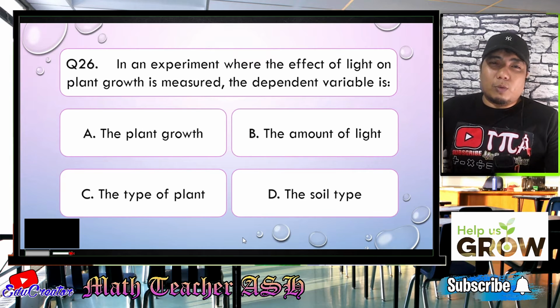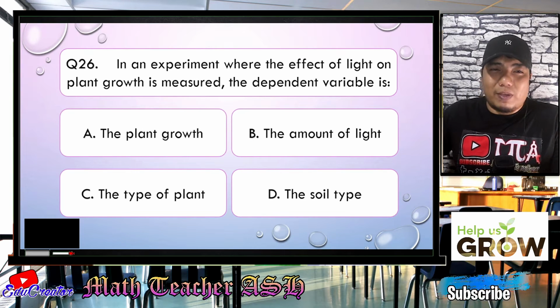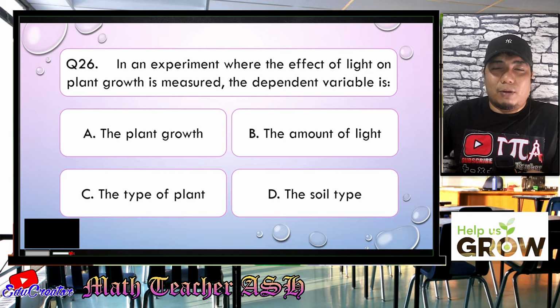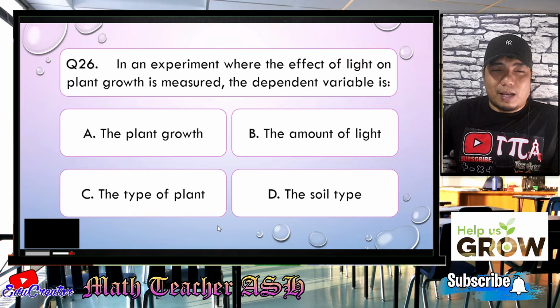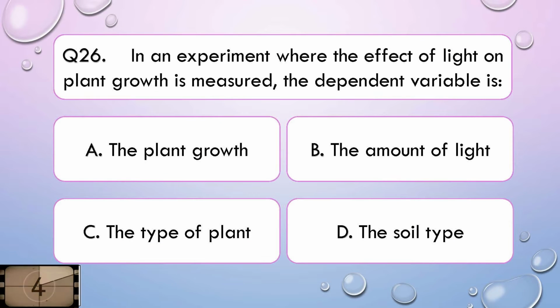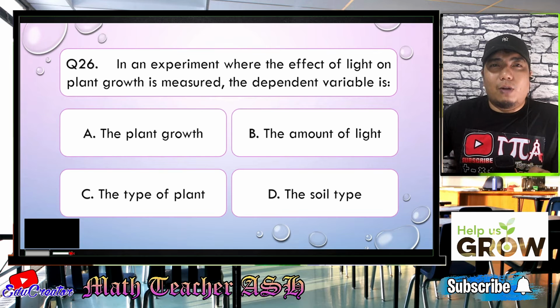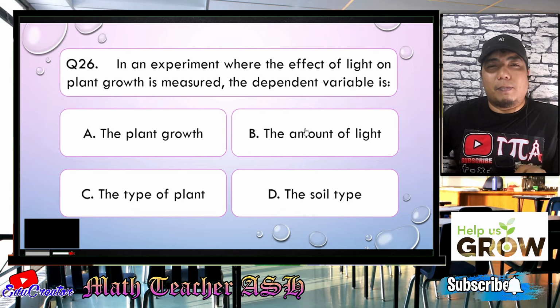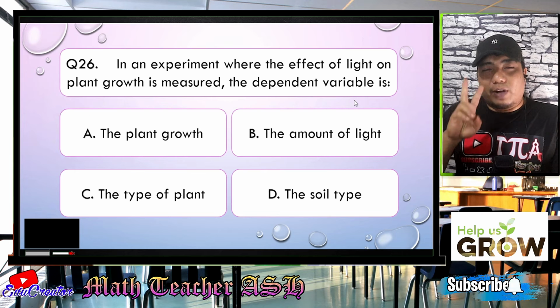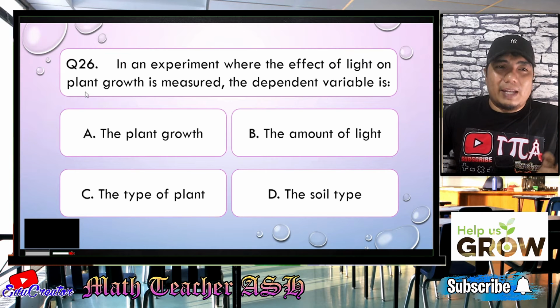In an experiment where the effect of light on plant growth is measured, the dependent variable is it A, the plant growth, B, the amount of light, C, the type of plant, or D, the soil type? I'll give you 5 seconds to think about your answer. All right, my dear math learners, in this scenario, we have two variables, the effect of light and the plant growth.